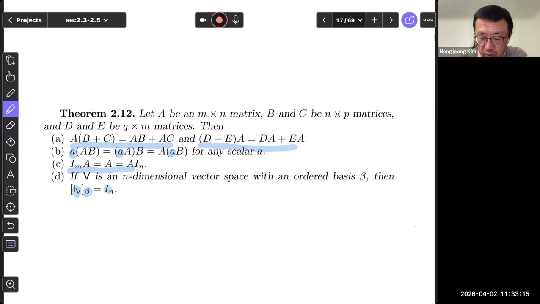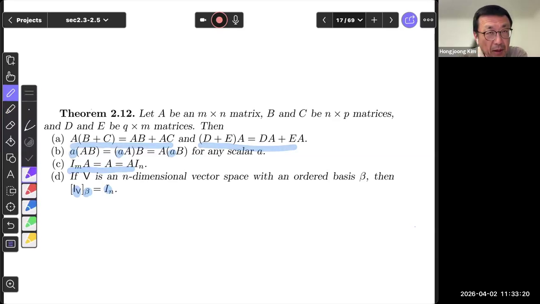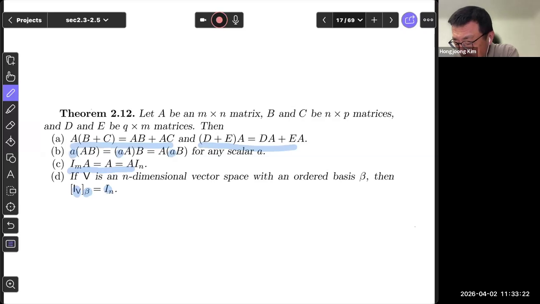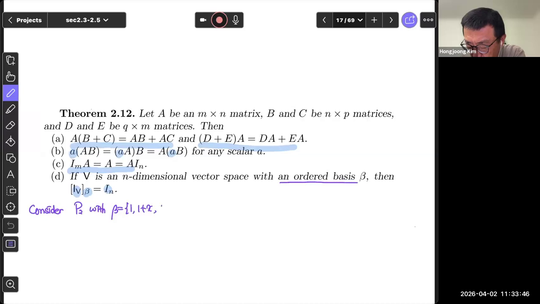It is true. Here beta can be any basis. For example, let us consider the P2 space with beta given by 1, 1 plus x, and 1 plus x squared.